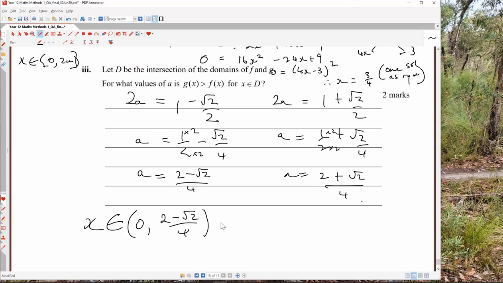So these are the first values for which it's true, and then we'll pick it up again at 2 plus root 2 on 4, and we'll keep going all the way to 3. Are we going to include it? No, because that's when they're the same, so it's going to be till 3.